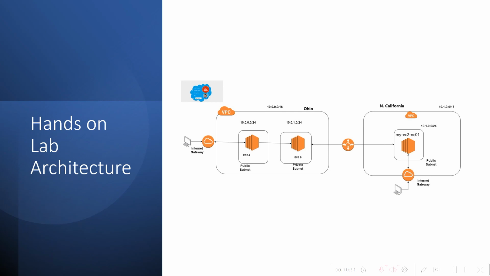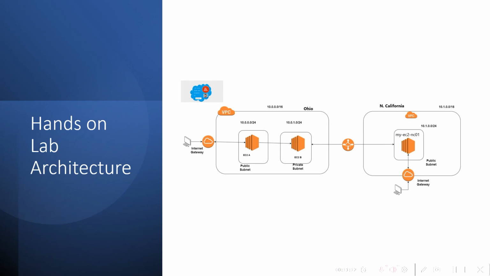Then we will establish a peering connection between the two VPCs, and then log in to the EC2 machine deployed in the North California region. We will SSH to the EC2B machine, that means the machine in the private subnet in the Ohio VPC, by using the private IP.